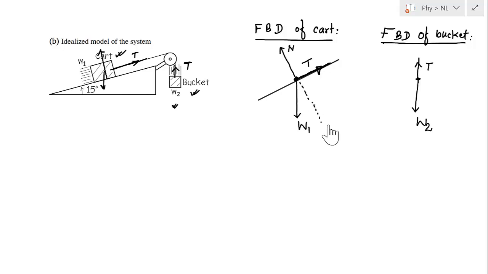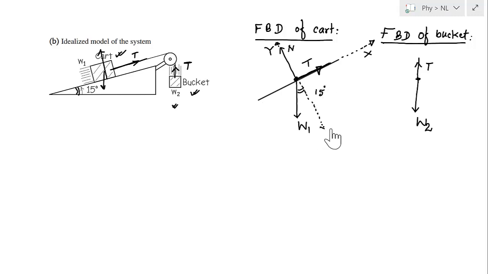This is the direction perpendicular to the incline, and this is the direction along the incline. Let's call this the x-axis, and this is my y-axis. So I have to resolve these forces. Now this angle is 15 degrees, so this angle will also be 15 degrees. You can basically prove it.